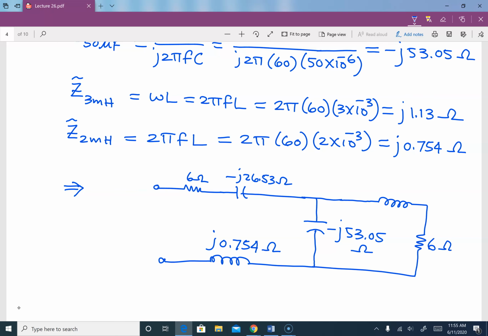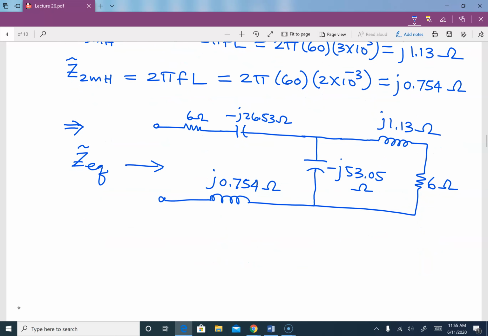This is 6 ohm, and this is J 1.13 ohm. And this is where we need to find our Z equivalent. So now this is the phasor domain representation.